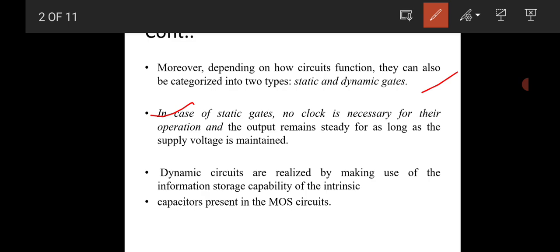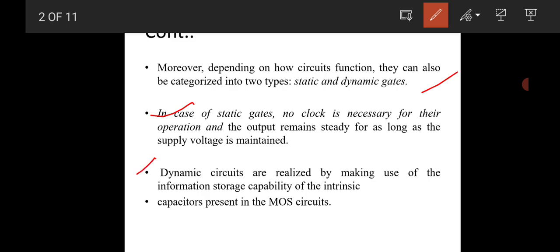The output of a static circuit is always valid as long as the supply voltage is maintained. If the supply voltage is not present, the output goes to zero, or a low value.